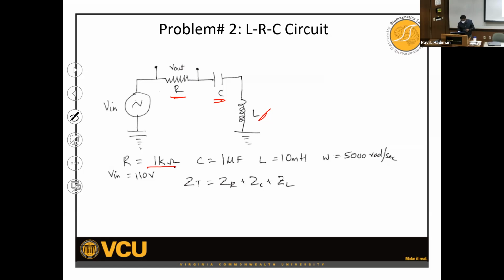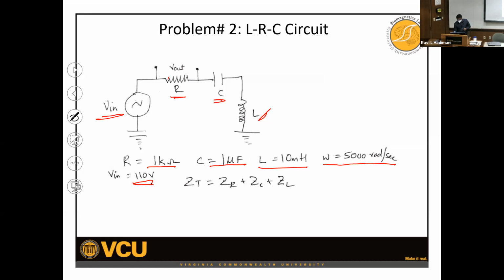The resistor is 1 kilo ohm, the capacitor is 1 microfarad, and the inductance is 10 millihenry. Okay, and you have been asked to calculate the voltage out, or voltage drop across the resistor, at a frequency of 5,000 radians per second. Okay, and your voltage in is 110 volts.